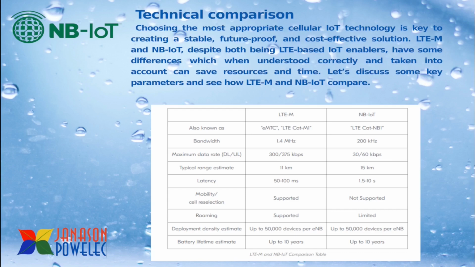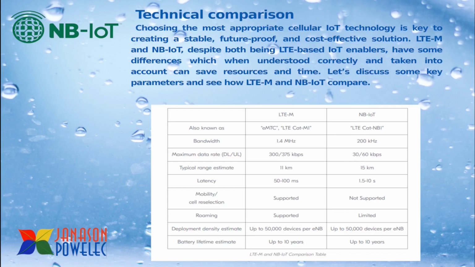Let's discuss some key parameters and see how LTE-M and NB-IoT compare. Bandwidth: LTE-M offers 1.4 MHz while NB-IoT offers 200 kHz only. Maximum data rate: LTE-M offers 300 to 350 kbps and NB-IoT offers only 30 to 60 kbps.